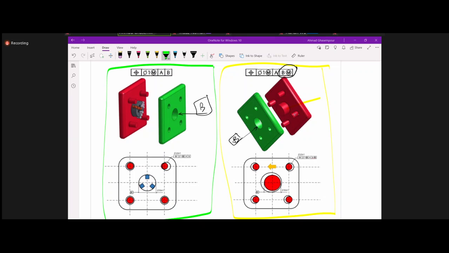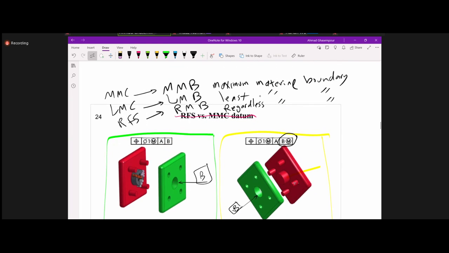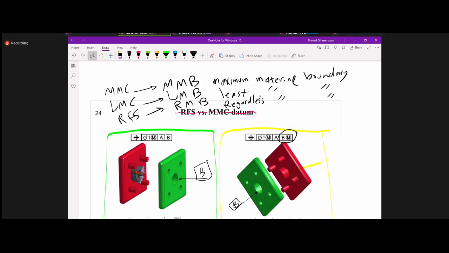Somebody wants to copy these down. So yeah, maximum material boundary, least material boundary, and regardless of material boundary. I don't want to get too bogged down in this right now. We'll come back to this a few times. I just want to introduce it so that when we get into the drawings, we can go back to it. All right.